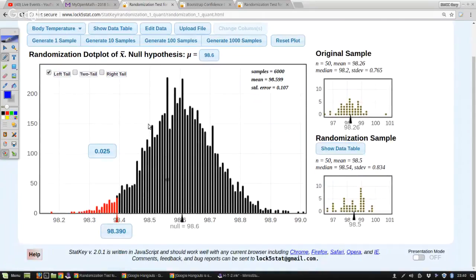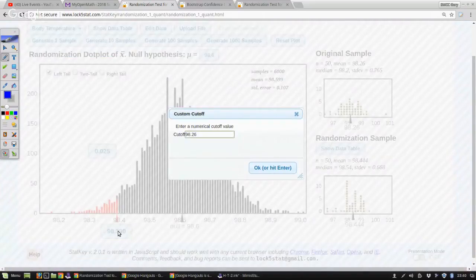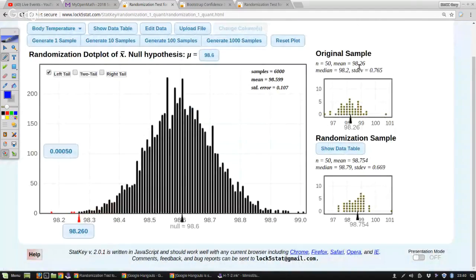With the sample null hypothesis, we next need to enter our sample data. The sample mean was 98.26, and again that number is given by the sample. That's entered in here.